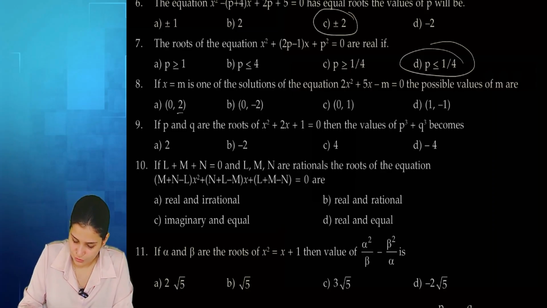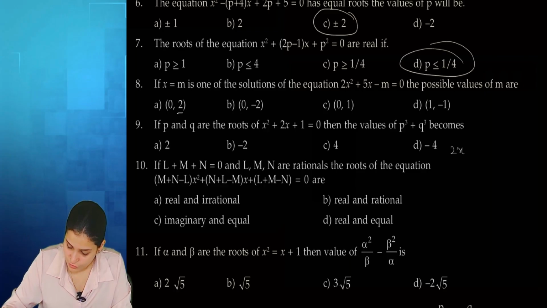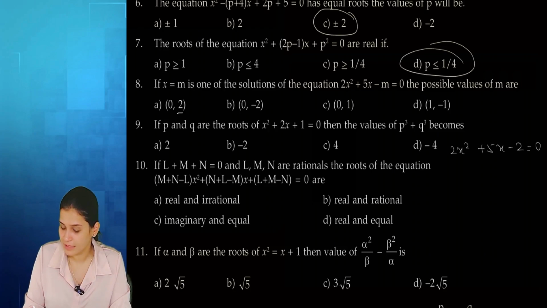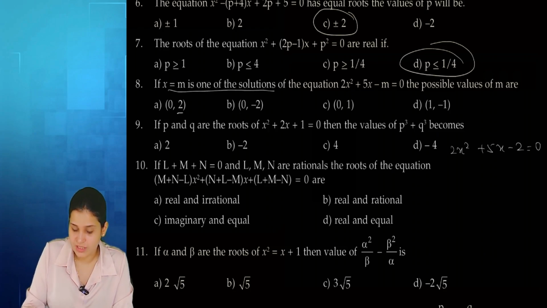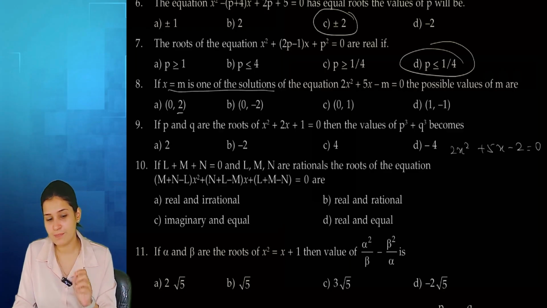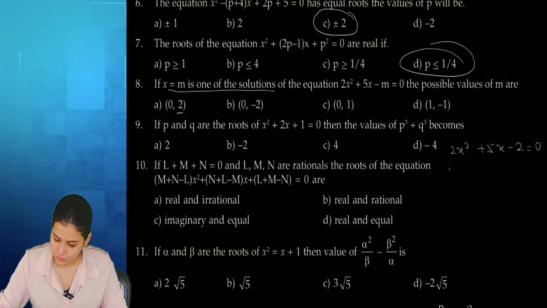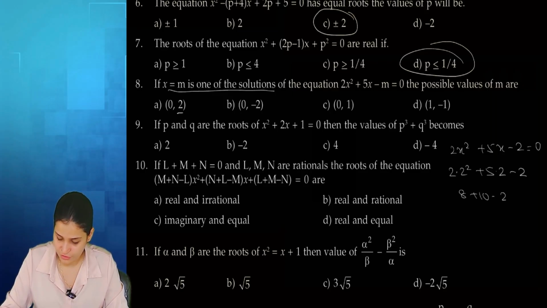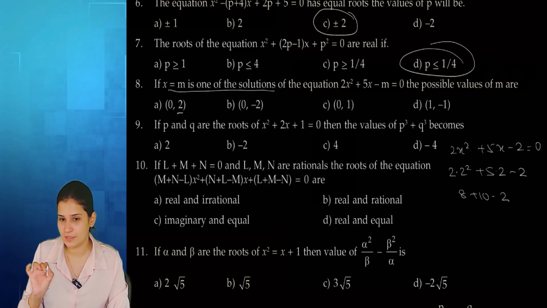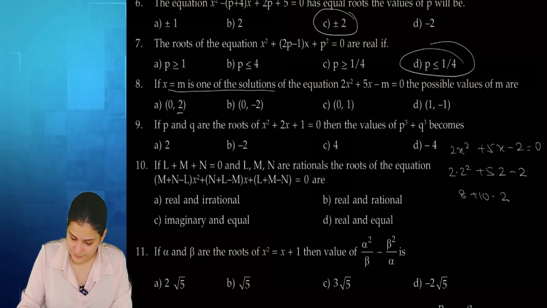If I take 2, for example, that is 2x square plus 5x minus 2. I am taking m to be 2. And it says that m also has to be the solution. So if I have taken m equal to 2, 2 has to satisfy the equation also. So 2 into 2 square plus 5 into 2 minus 2. 8 plus 10 minus 2. No, it can't be a solution. So 2 is incorrect. So this is wrong. Online, is it okay?